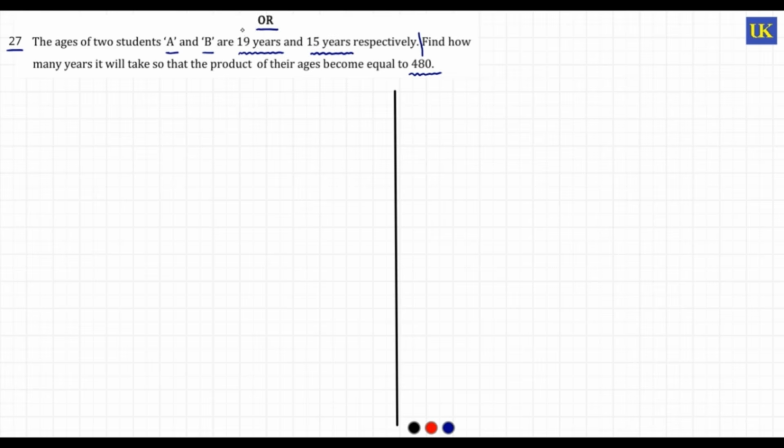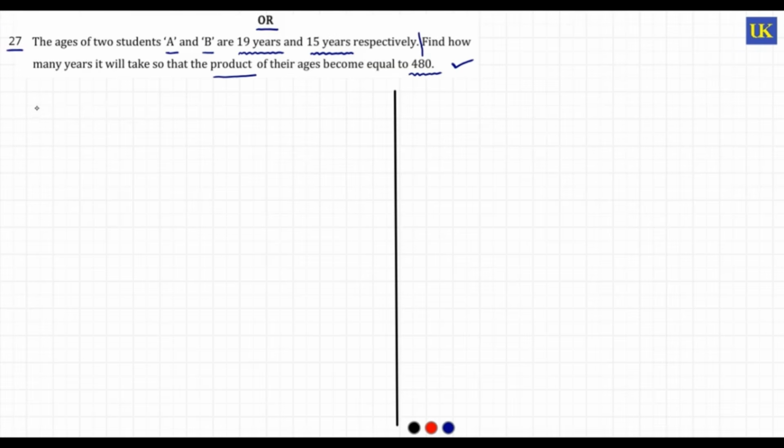Then 22 into 18, for an example, we need to get 480. So after how many years, when we take both their ages and multiply, will the product be 480? That is what they are asking.